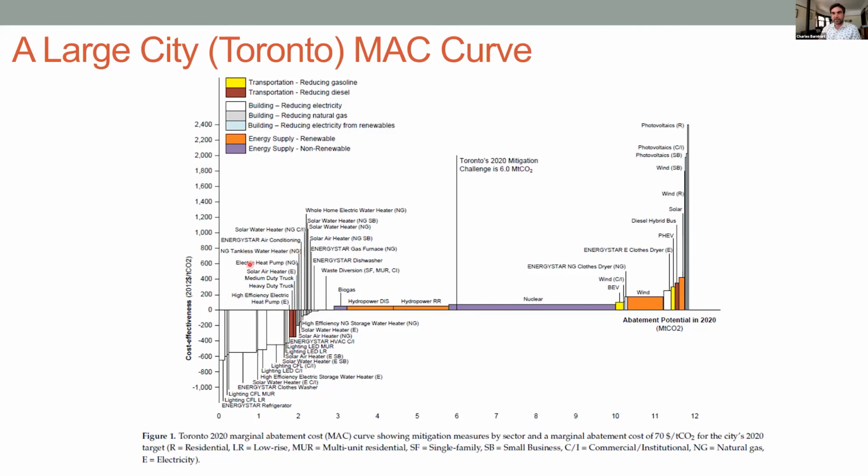But that's still not as good as a tanked electric heat pump water heater, because of that huge efficiency gain. And that's not as good as a solar water heater, because you just have to pay upfront capital costs for a solar water heater, and then it just heats water for free from the sun. It might not be as reliable, but the fuel source is free.